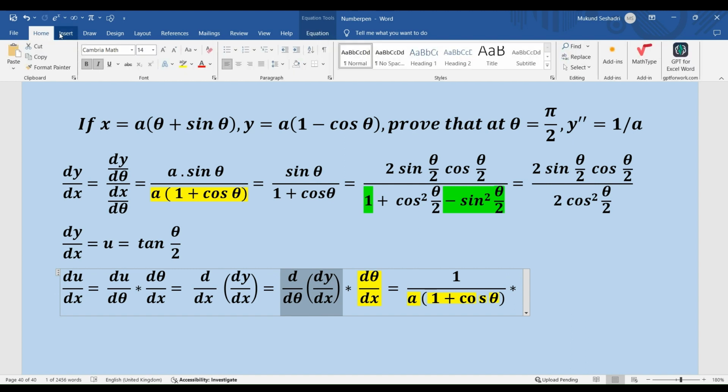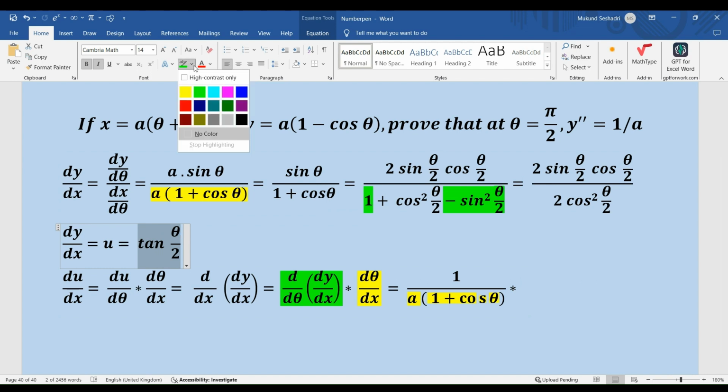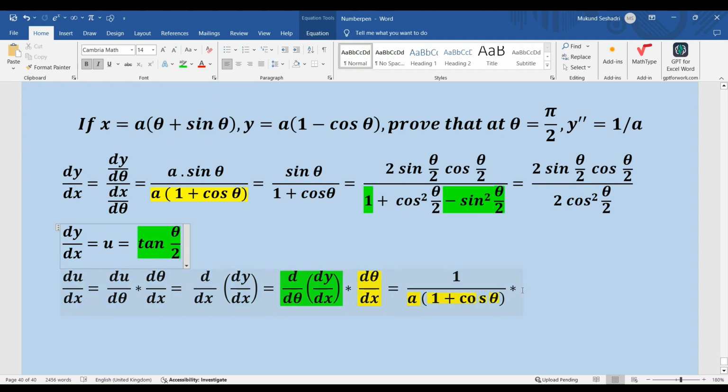Let me highlight it in green. d by d theta of dy by dx, which is nothing but d by d theta of u, which is your tan theta by 2. Let's highlight it in green, right? So I know that my d by d theta of tan theta from first principles is secant square theta.